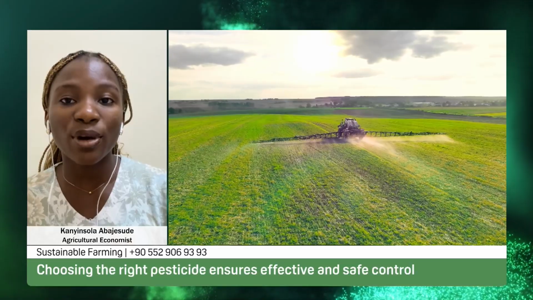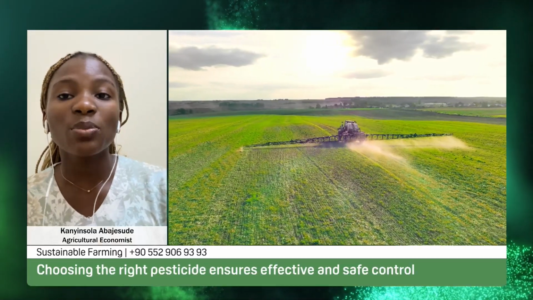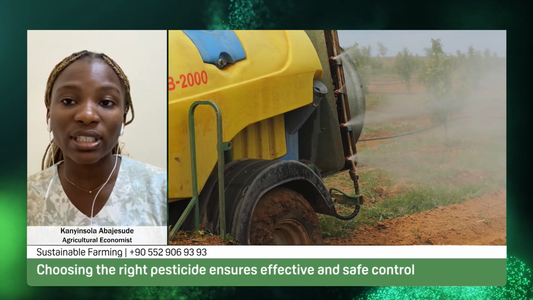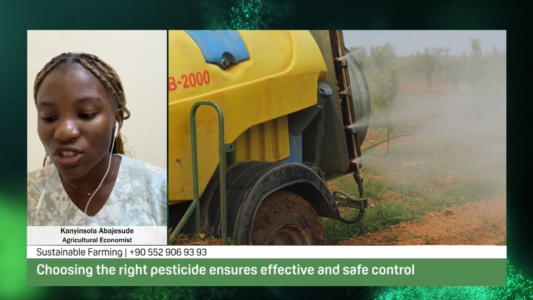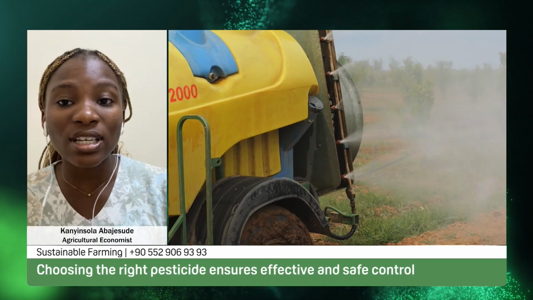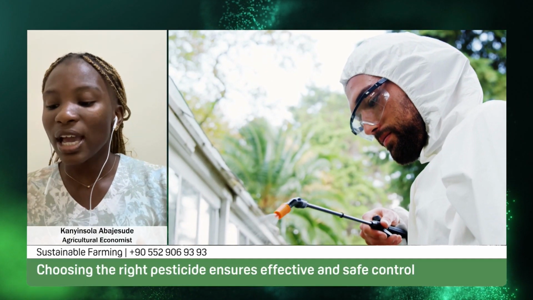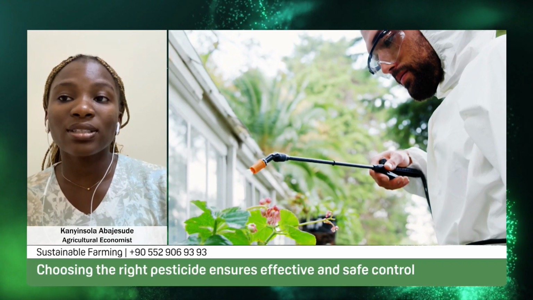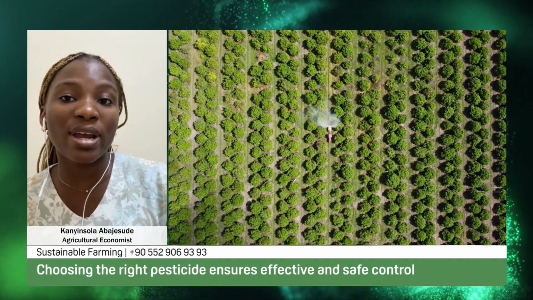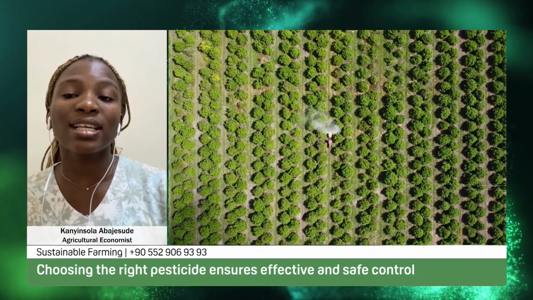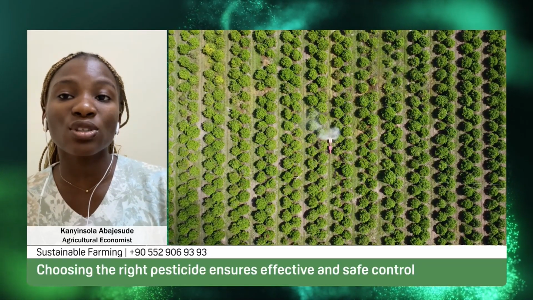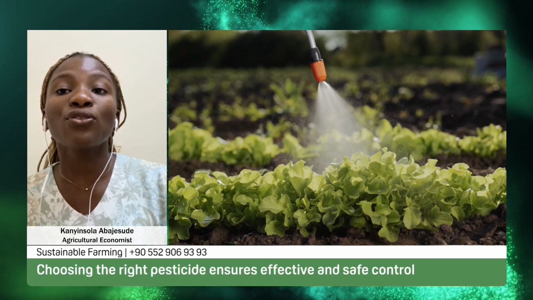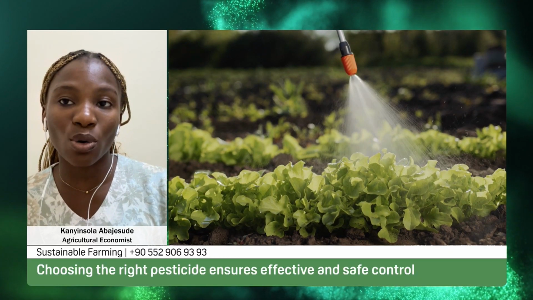When you read your label, you'll be able to know the pest that this pesticide is controlling, the correct dosage, the safety instruction, the pre-harvest interval. Because some farmers spray anytime, but there is a specific time interval you are supposed to spray before you harvest that particular crop.